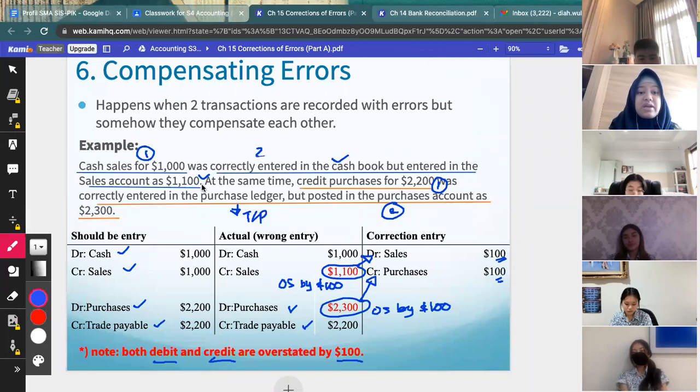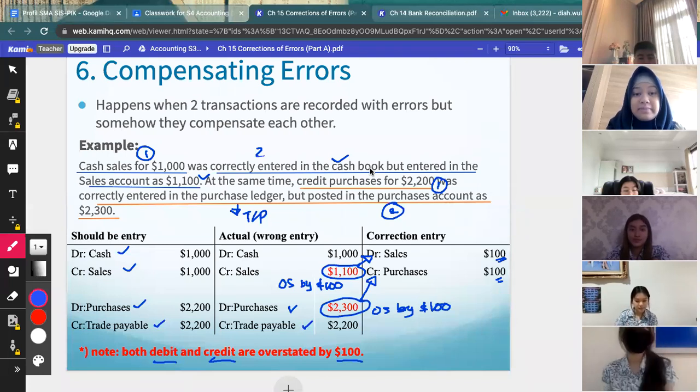Let's see the first error. Cash sales of $1,000 should be recorded with cash in the debit and sales in the credit. That's how it should be recorded. Now look at the second one, the mistake that you made. It says correctly entered in the cash book, which means it was correctly entered in the cash side.